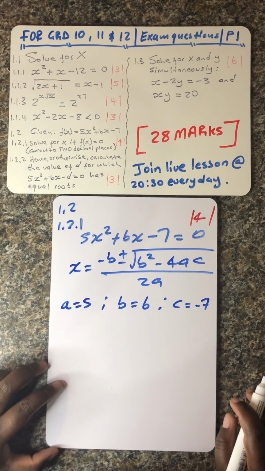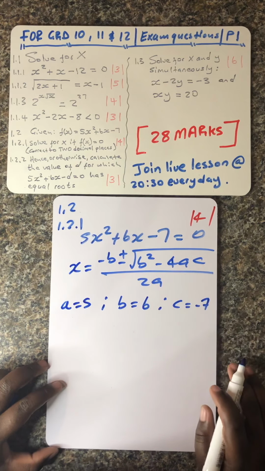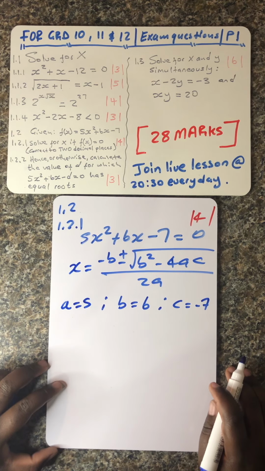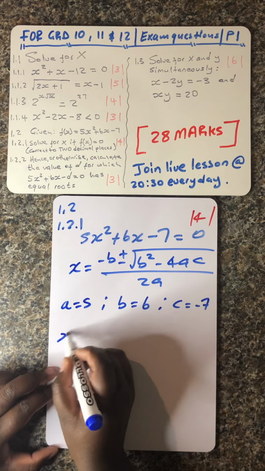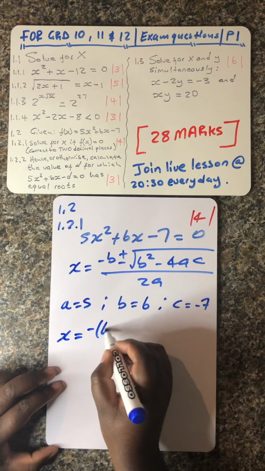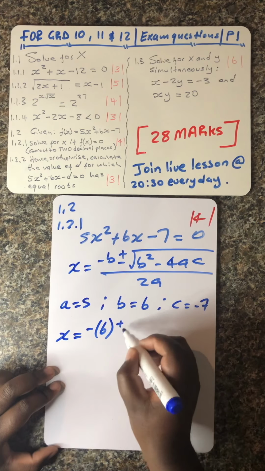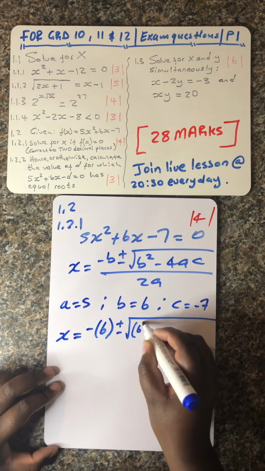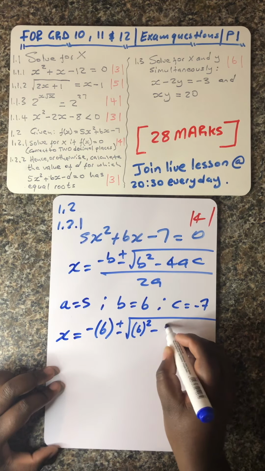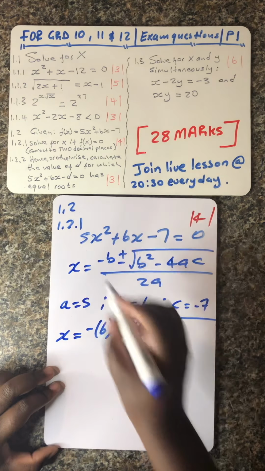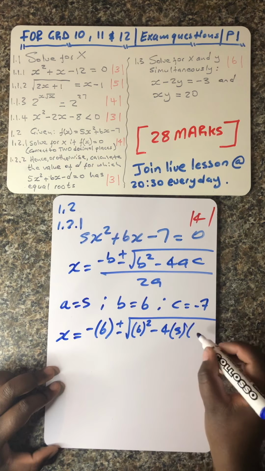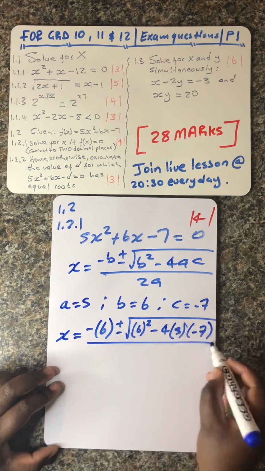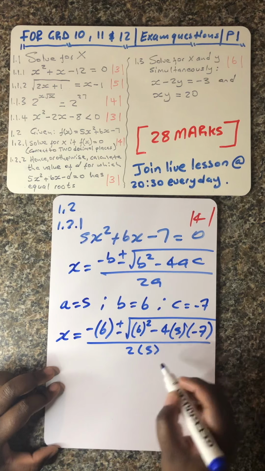Okay, so guys, at this stage, what you do is just substitute all of this into the formula. Okay, so guys, it's obviously x, which is equals to negative our b, 6, plus or minus square root of our b, 6, squared, minus 4 times our a, it's 5 there, times our c, it's negative 7, all over 2 times our a, it's 5.